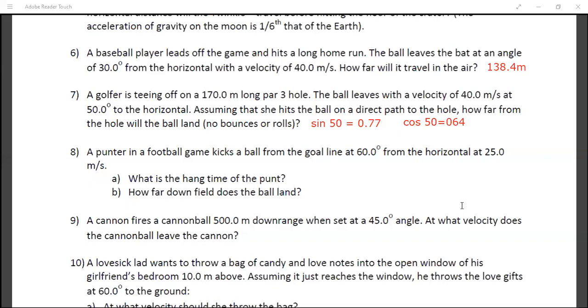Means that particular hole is 170 meter far, because he is at the end part of the course. Okay, thank you. Horizontal distance is given as 170 meter. The seventh one is 108.2.